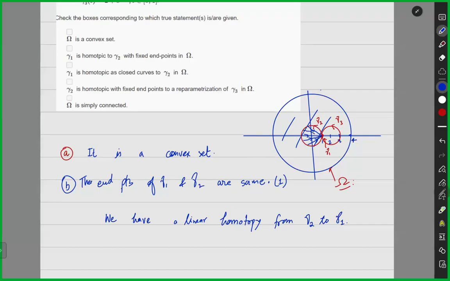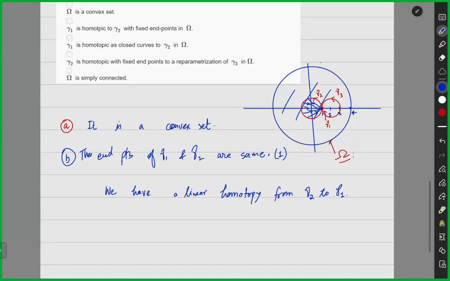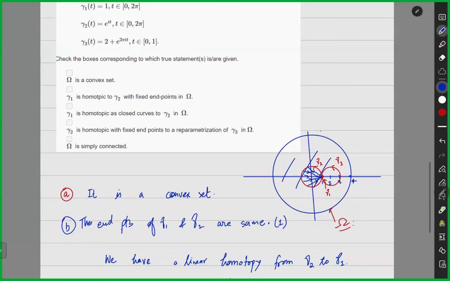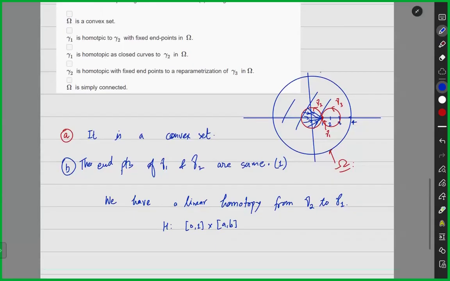So everything goes to 1. So what is that homotopy? You can explicitly write it as H from 0,1 cross the parameter interval, which here is 0 to 2 pi, but AB is also fine, right?